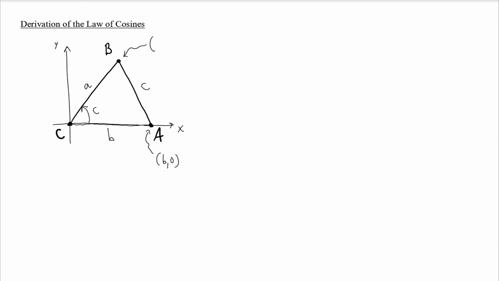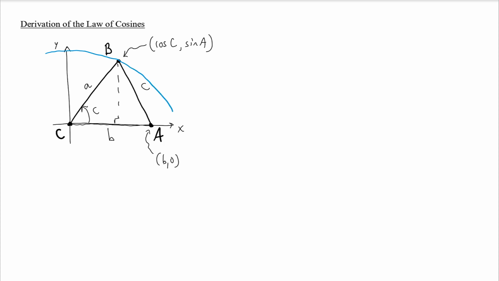That would be, if we make a right triangle, this would be X, this would be Y, but we can use our trig ratios. So this would be cosine of that angle, and this would be sine of that angle. However, we don't know that we're on the unit circle, right?